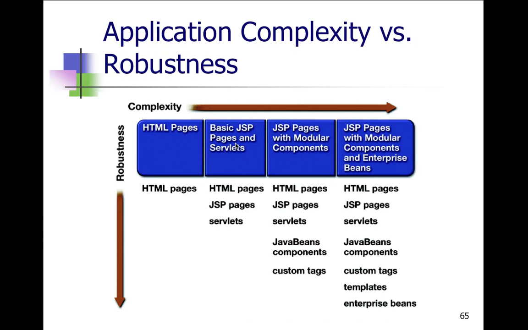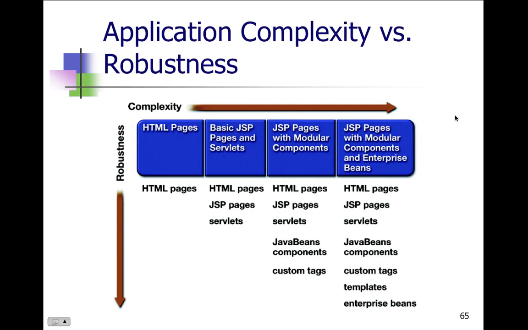JSP pages with modular components are a little bit more complex, again more robust: HTML pages, JSP pages, servlets, Java Bean components, and then customized tags. And then on the far right here, the JSP pages with modular components and enterprise beans. If we combine all of it together, then we get the best of everything, along with the enterprise beans that go along with it.